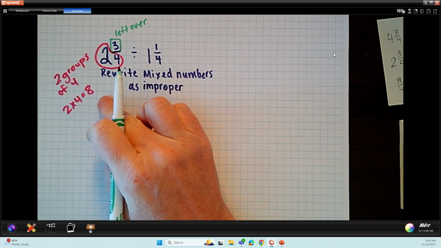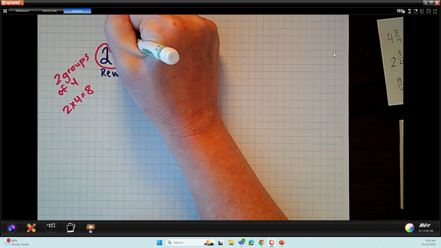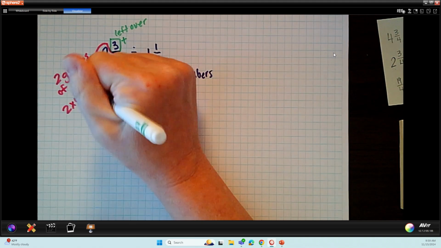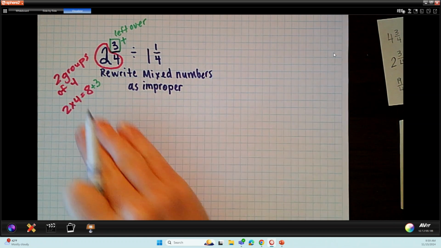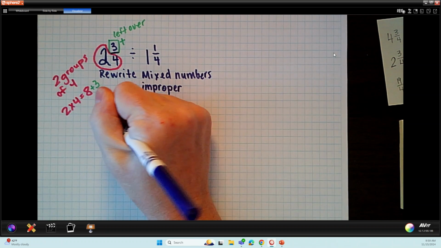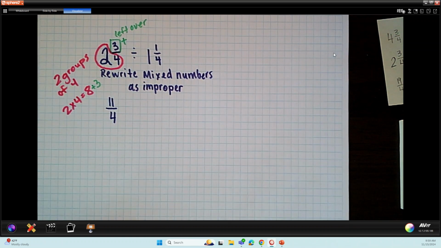So 2 groups of 4 is 8, and then this is the leftover. We need to add that in. The denominator stays the same always because we're not changing the part. It's just we're rewriting it as a fraction greater than 1. So this would be 11/4. Okay, so we're done with that one.